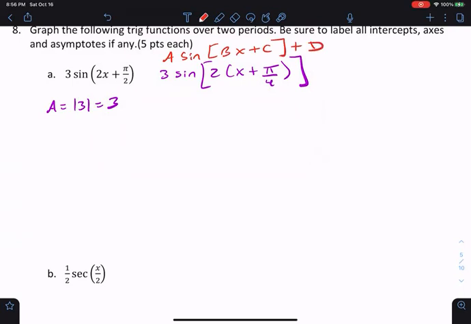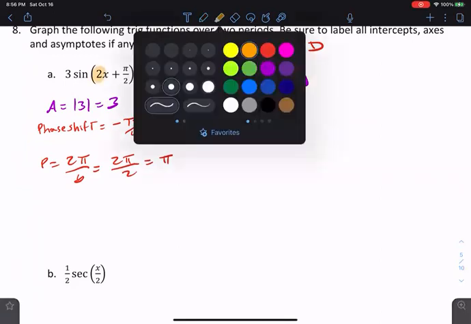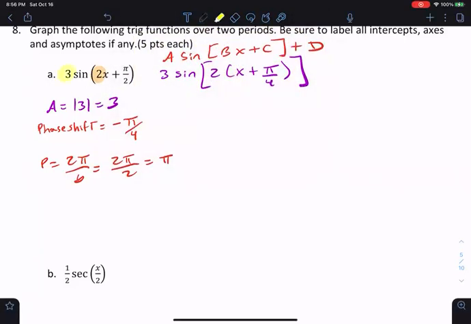Now I can say the phase shift is negative pi over 4 units to the left. The period is 2 pi over b, 2 pi over 2 in this case, so the period is pi. Notice that this is a horizontal compression, and this is a vertical stretch.